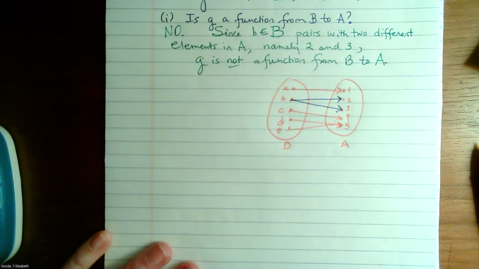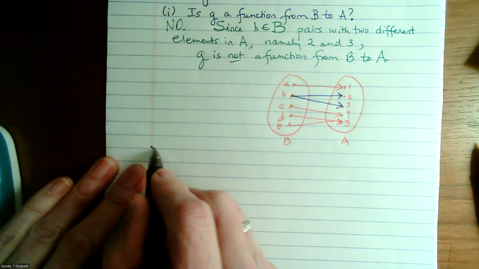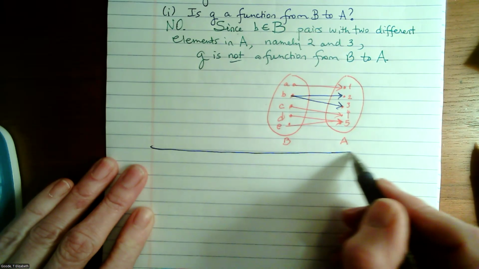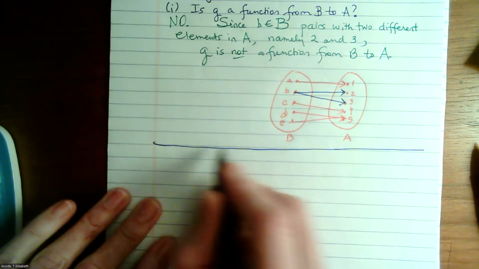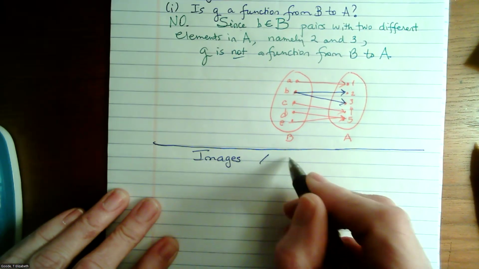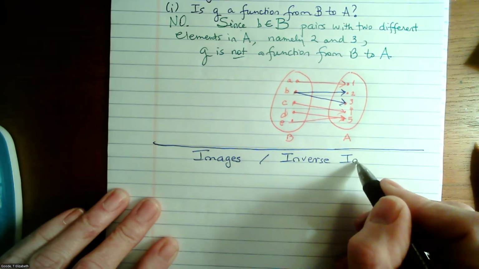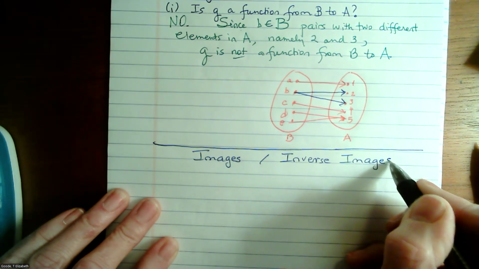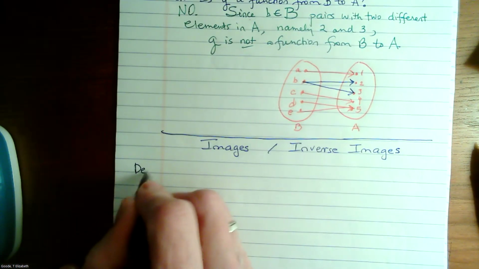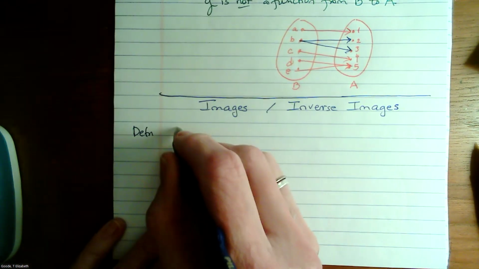Okay? Now let's talk about the notion of images and inverse images. These pictures, these arrow diagrams, can be helpful for that. So here's a definition. To play this game, we've got to have a function.